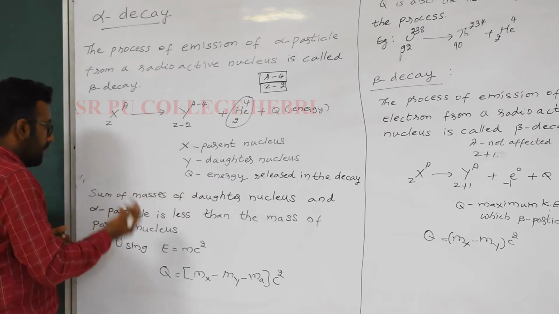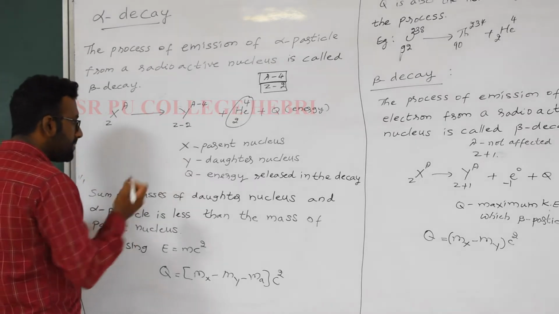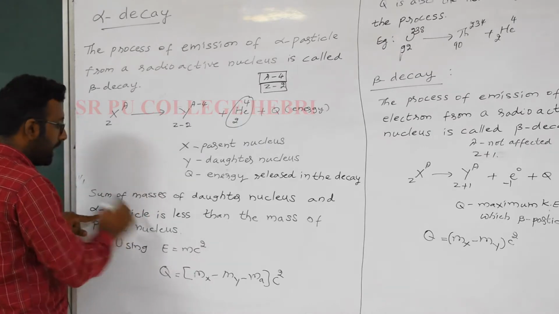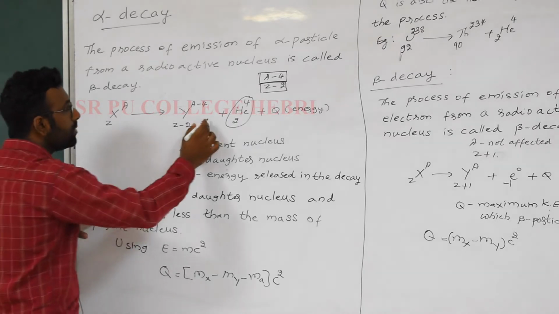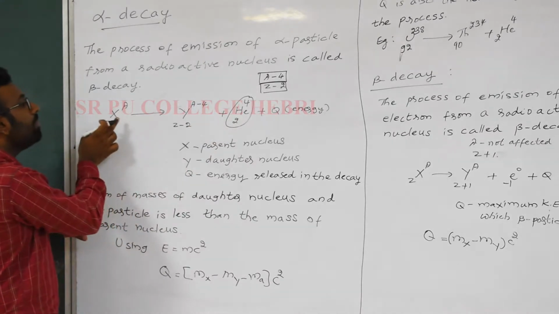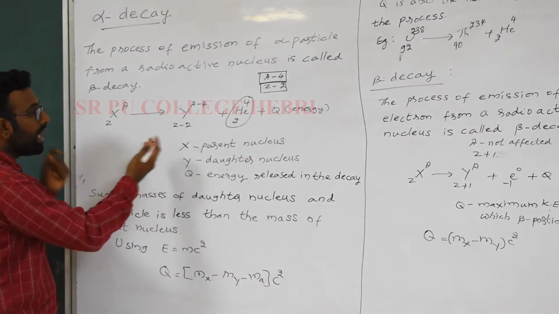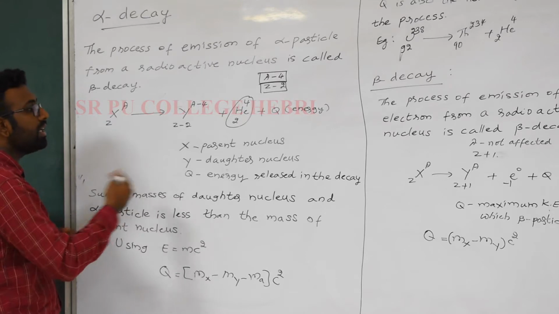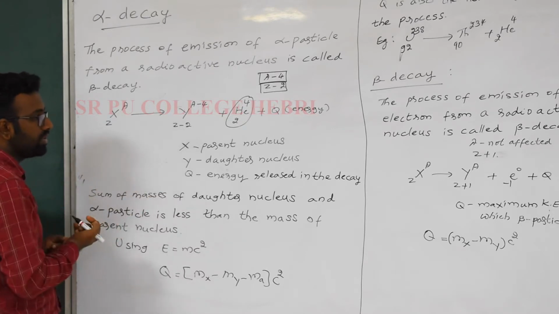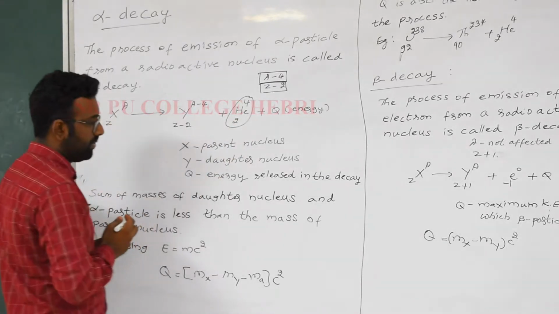The main reason is that the masses of the daughter nucleus and the alpha particle together are less than the mass of the parent nucleus. So what happens to the remaining mass? It is released as energy due to the mass defect.